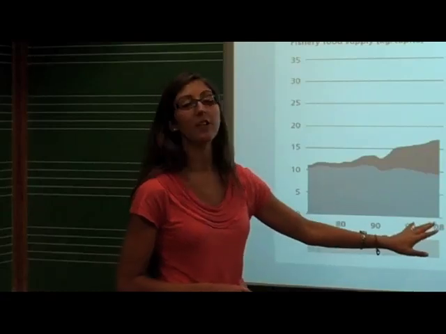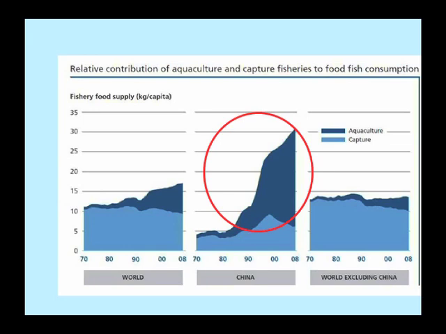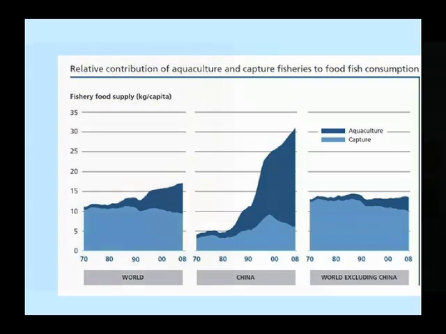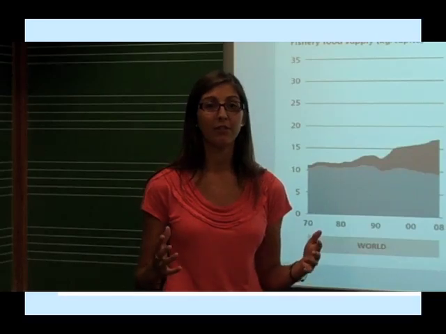So you really see that China is driving the aquaculture industry. Their fish farming has actually surpassed their wild capture fisheries today, and 60% of the aquaculture products in the world come from China.